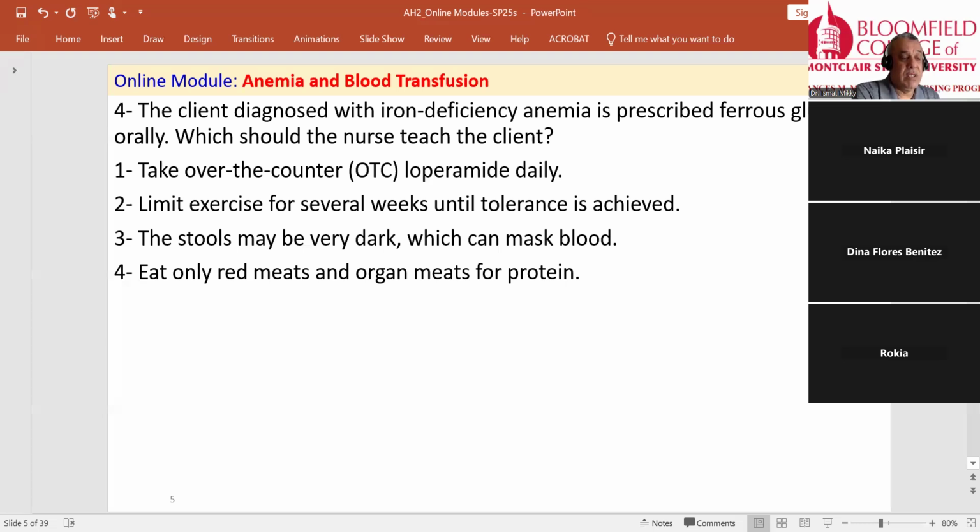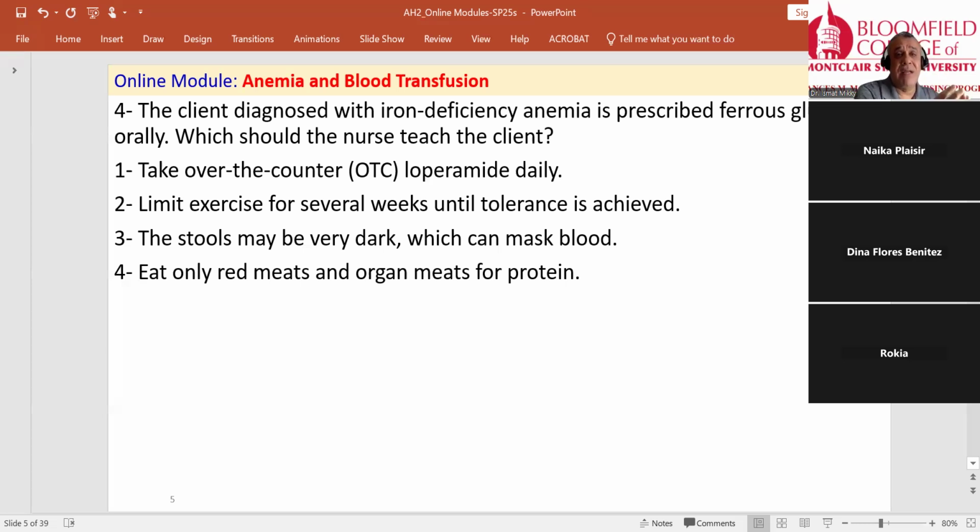Yes. So the stool will be dark green or black, which can mask the appearance of blood in the stool. All the iron supplements are going to change the stool color, and I think you know about this from pathophysiology. So number 3, the stool may be very dark, which can mask the blood. So patients, especially those with peptic ulcer disease, we have to be careful with that if they are on iron supplements.